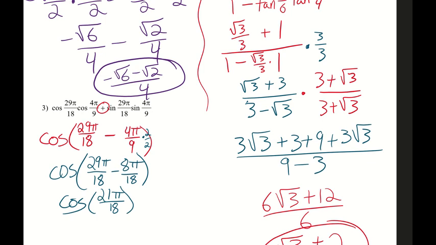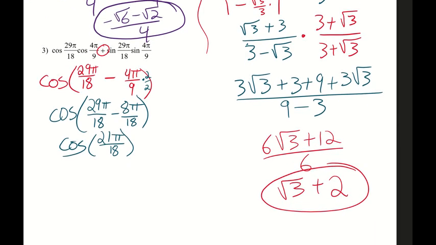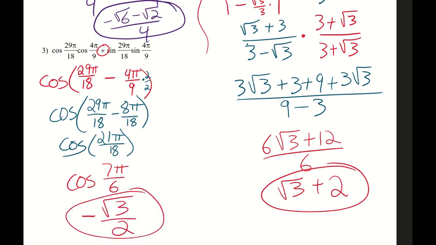We can factor out a 3. So we just have the cosine of 7 pi over 6, which conveniently is a value that we know. So 7 pi over 6 is in the third quadrant, so cosine's negative, and it's a pi over 6, so it's square root of 3 over 2.